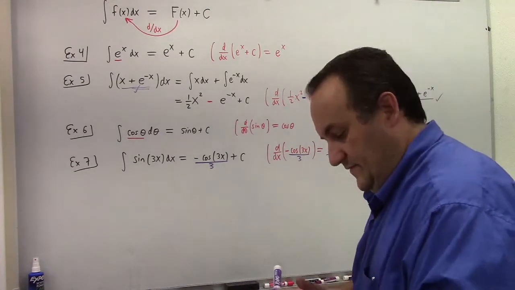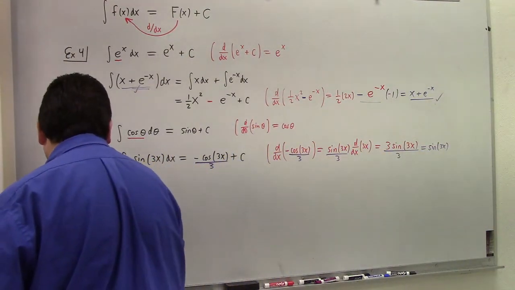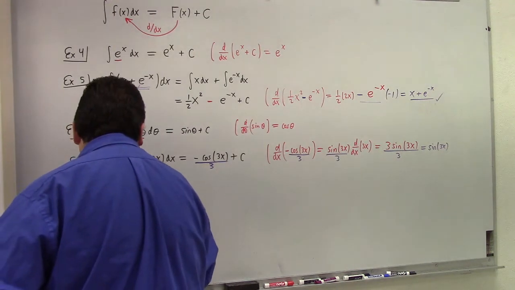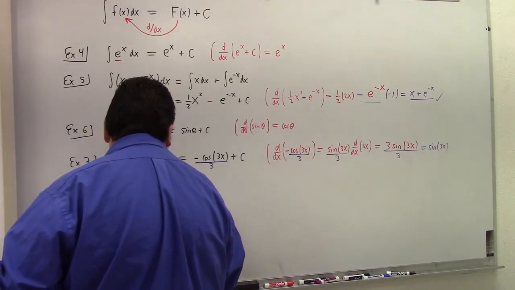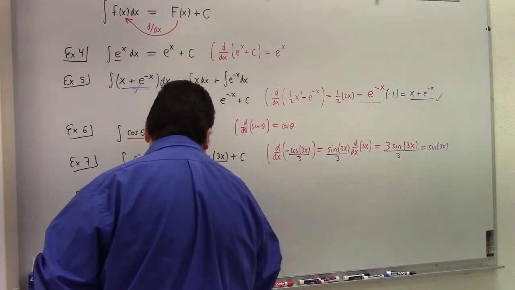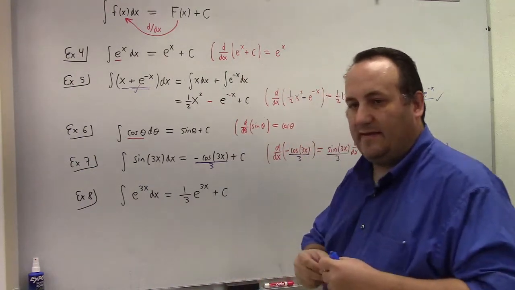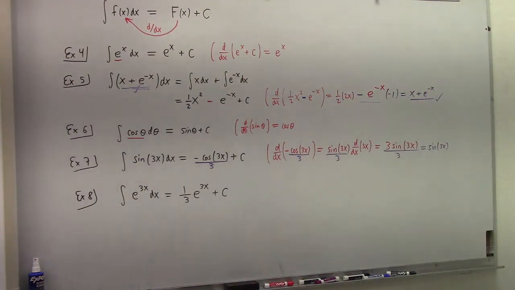Here's another similar example. If I was integrating e to the 3x dx, what I would do is 1/3 e to the 3x plus a constant. See, dividing by that 3 takes care of the 3 that comes down from the chain rule when I differentiate.